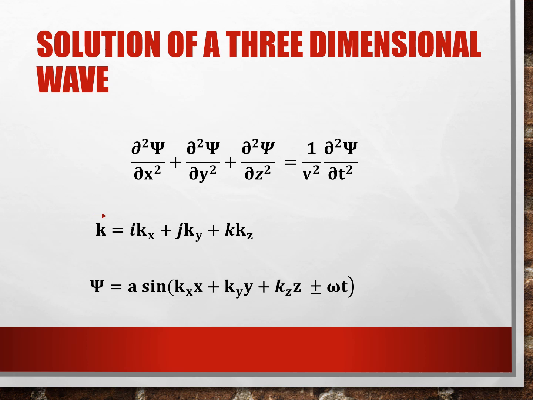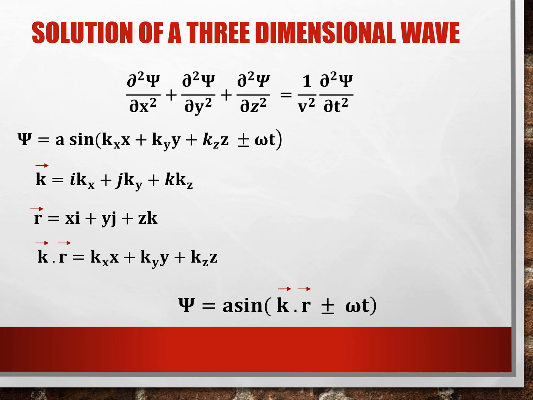In the three-dimensional case, the wave vector k has three components kx, ky and kz along the three directions x, y and z respectively. So the solution can be written as psi is equal to A sin(kx into x plus ky into y plus kz into z plus or minus omega t). Solution of a three-dimensional wave can be further simplified using the position vector which you have studied in your maths classes.